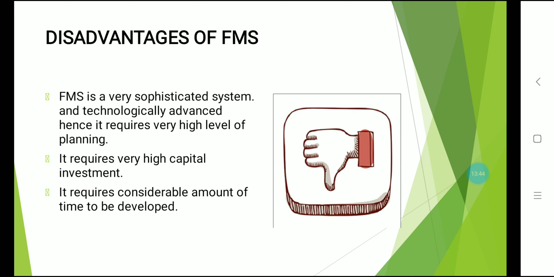Next one is the disadvantages of flexible manufacturing system. What are the disadvantages? Flexible manufacturing system is a very sophisticated system. Very sophisticated means a high degree of product system.